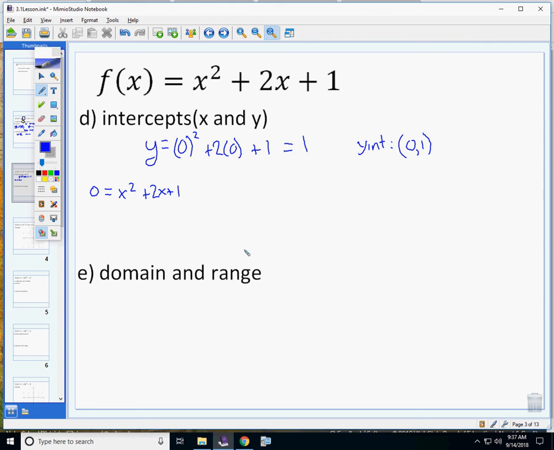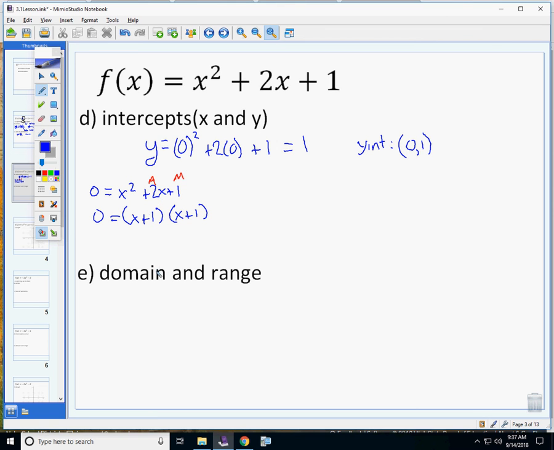Alright, so remember you need to factor this. In most cases you're going to say, well, I need two numbers that multiply to 1 and that will add to this middle number. This one's really easy to factor. We've got an x plus 1 and an x plus 1. Because 1 times 1 is 1, and 1 plus 1 is 2.